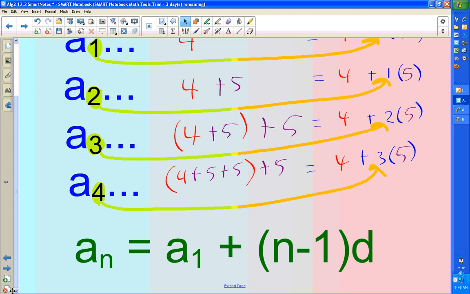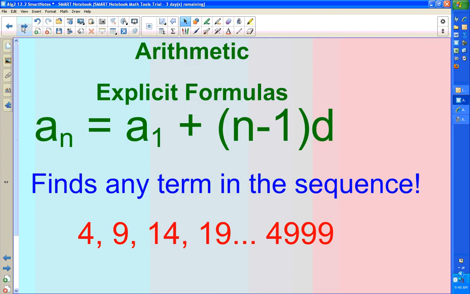I've got to have the common difference, 5, and I'm going to add it n minus 1 times. A sub n equals a sub 1 plus n minus 1 times d. That is called your arithmetic explicit formula. It is your fallback formula. When you need some piece of information for a sequence, this is what we use.